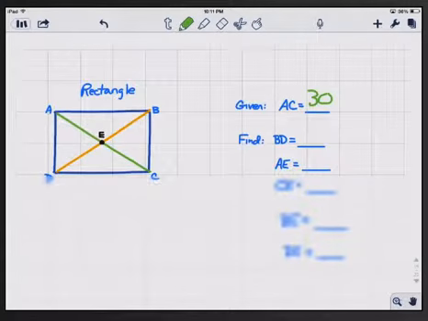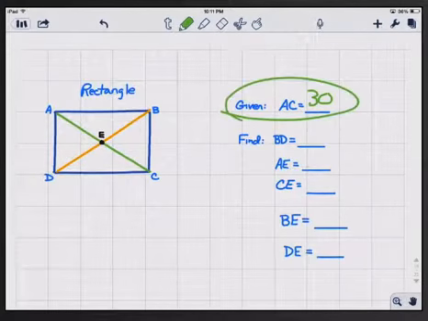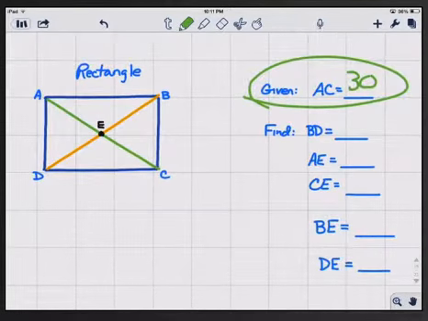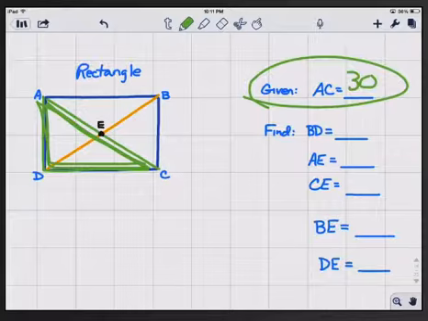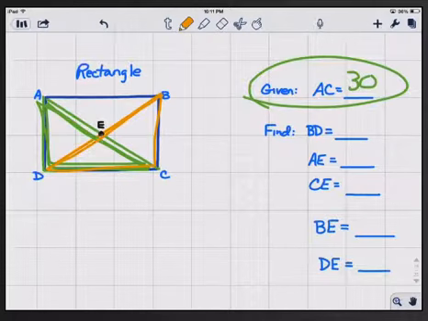Next problem. I gave you segment AC, one of the diagonals, is equal to 30. We proved in class, because we have two overlapping right triangles that are congruent, the two triangles that I want you to look at would be triangle ADC and triangle BDC.